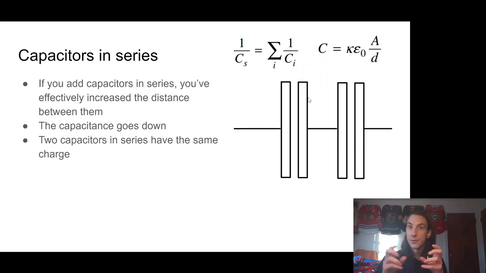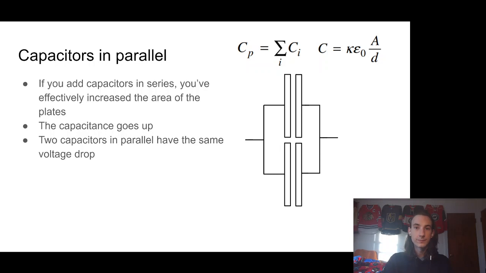We've forced away those positive 5 coulombs. They have to go somewhere, so they're going to go to this plate, which will then scare away positive 5 coulombs from the bottom plate. So in series, each capacitor is going to have the same charge.